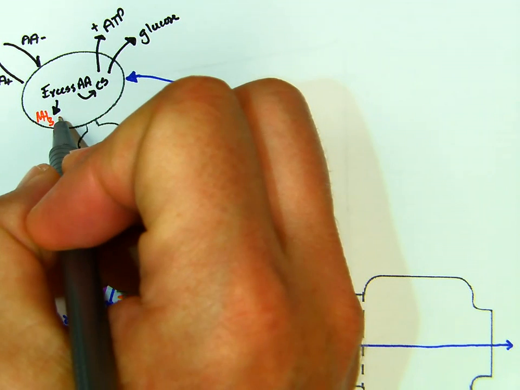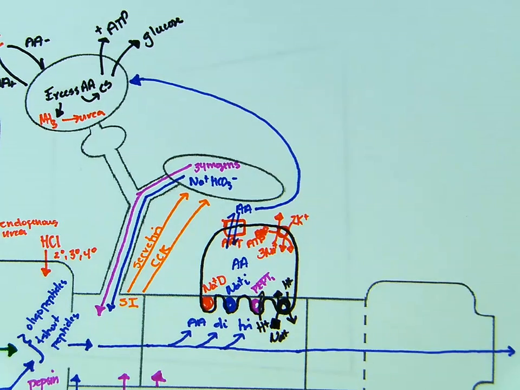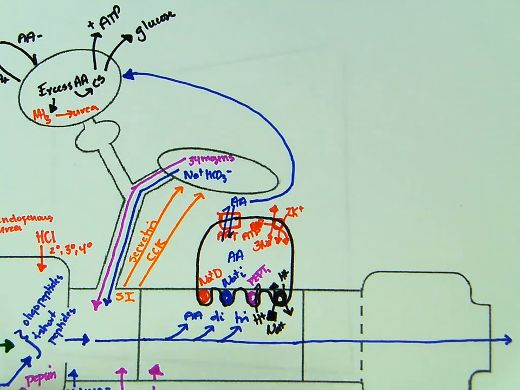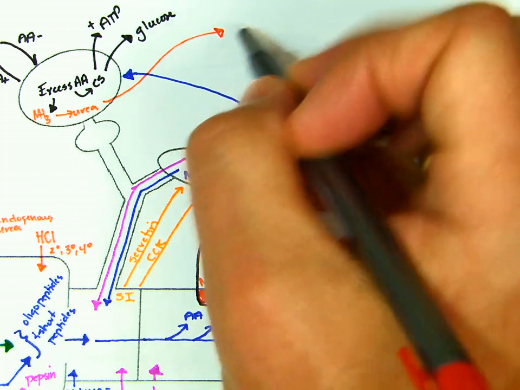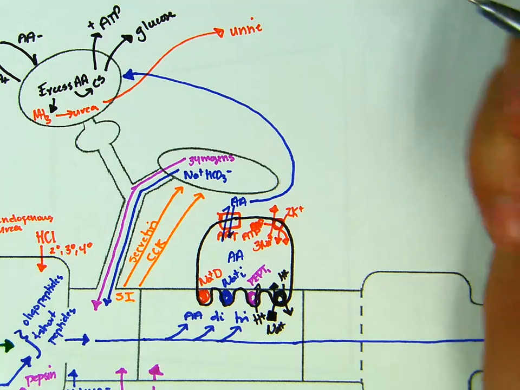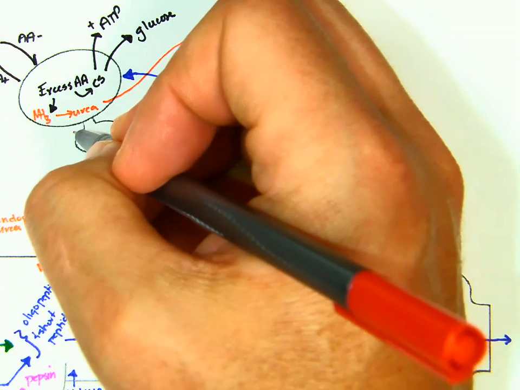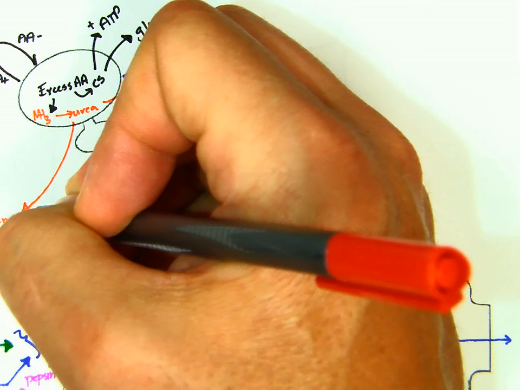So in the liver, we're going to produce urea, or the cow is going to produce urea. We produce urea as well. And that urea can exit the body in the urine. It can also be recycled back, and so that's where this endogenous urea shows up.